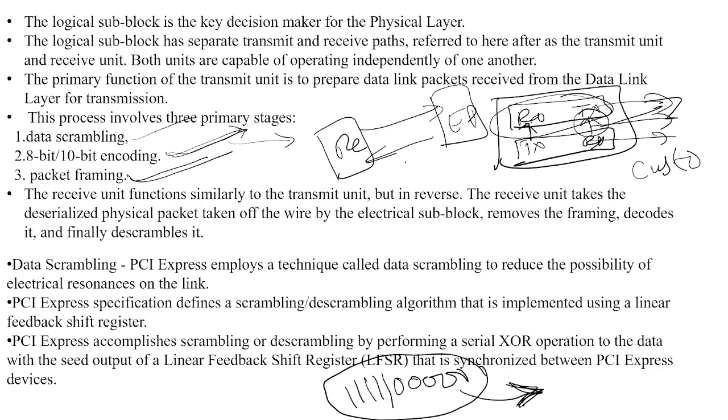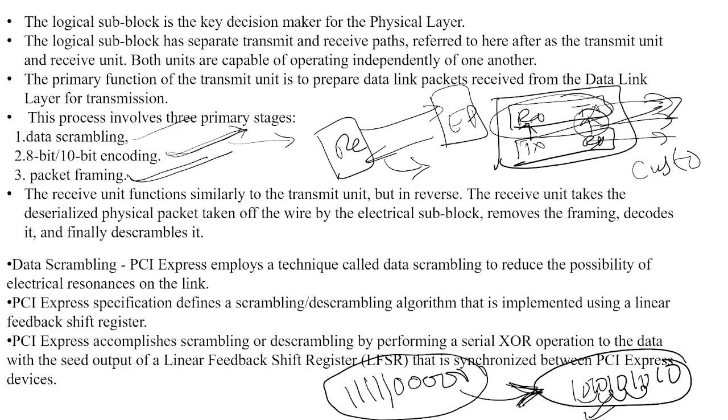In PCI we are not sending clocks separately, we recover the clock through this data. This is a main advantage. Whenever you are recovering the clock from the data, you need a number of toggles, like ones and zeros, 1010101010. With these changes, clock recovery becomes very simple through that data. So this is one advantage.